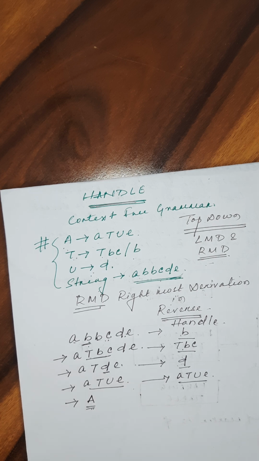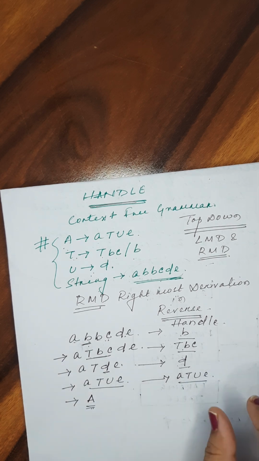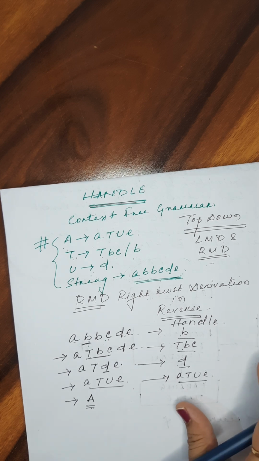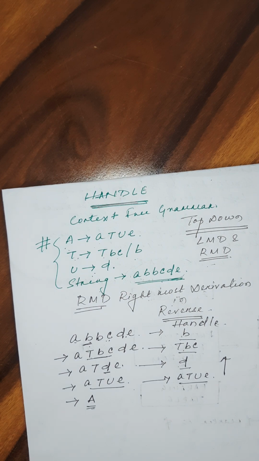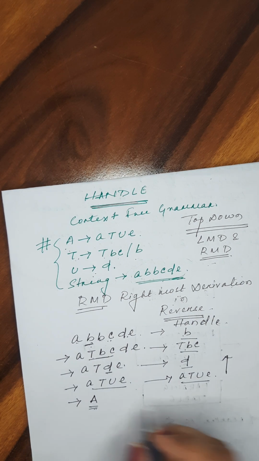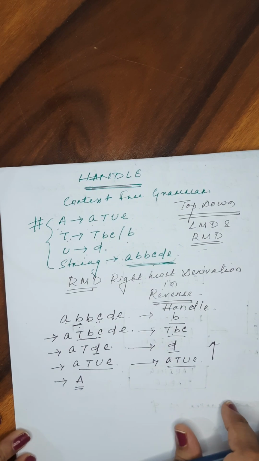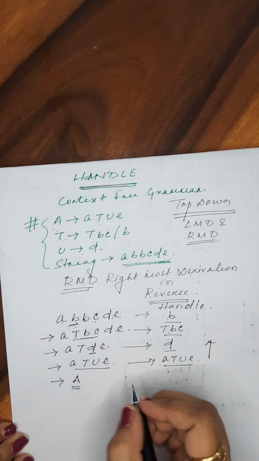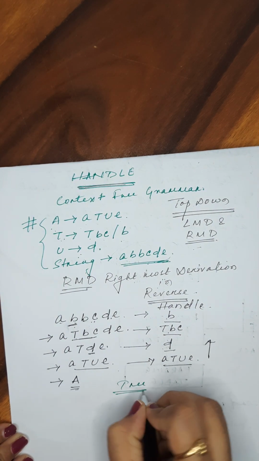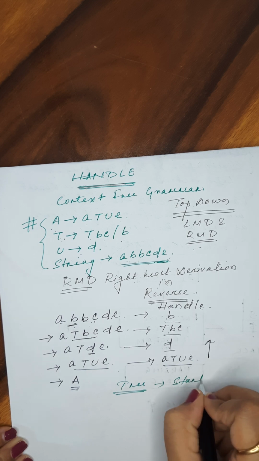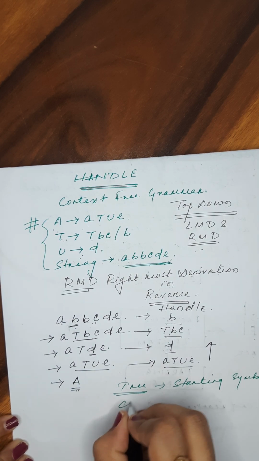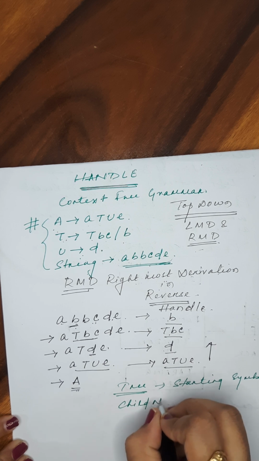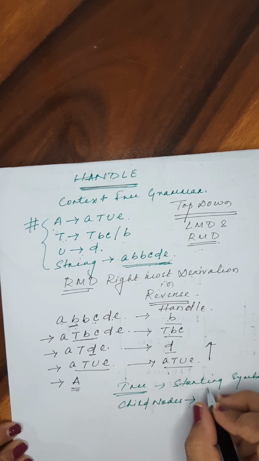Briefly, we can say that in bottom up parsing, the parse tree for the input string is constructed in reverse order. That means from the leaf nodes, that is from the bottom, and moves towards the root. So what is the root over here? If you construct a tree, you start with the starting symbol, and the child nodes or the last nodes will be the string.